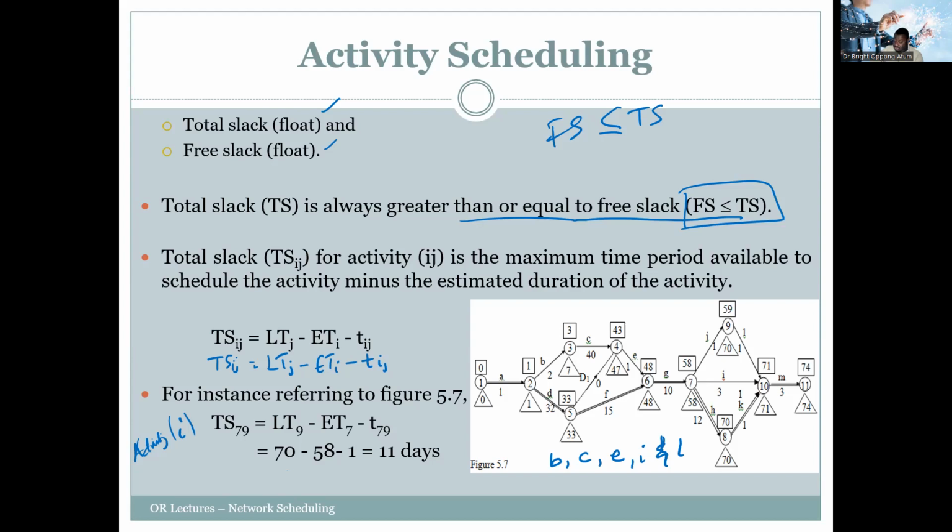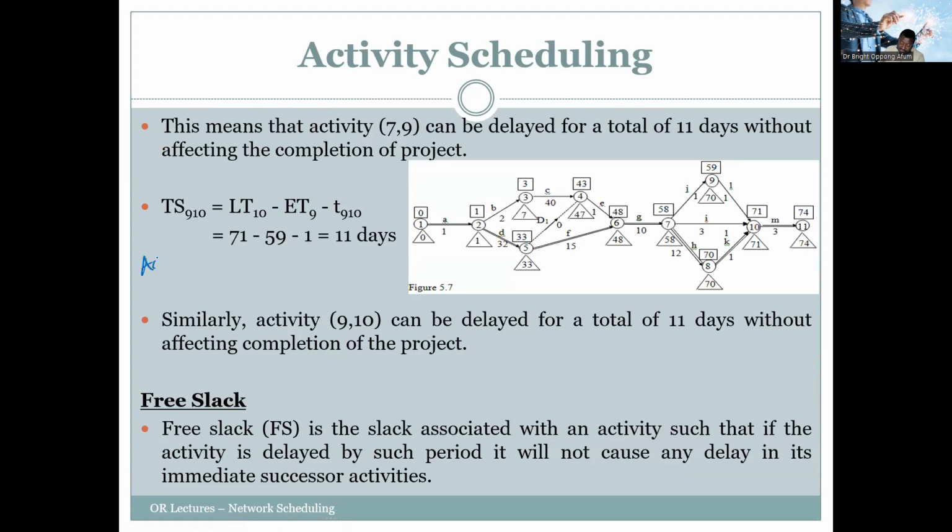Assuming we also want to look at 9 and 10, how far can we delay activity L? Activity L is from node 9 to 10.